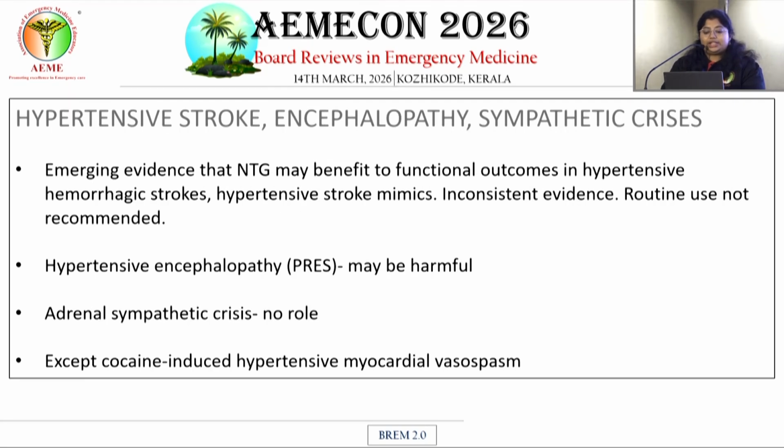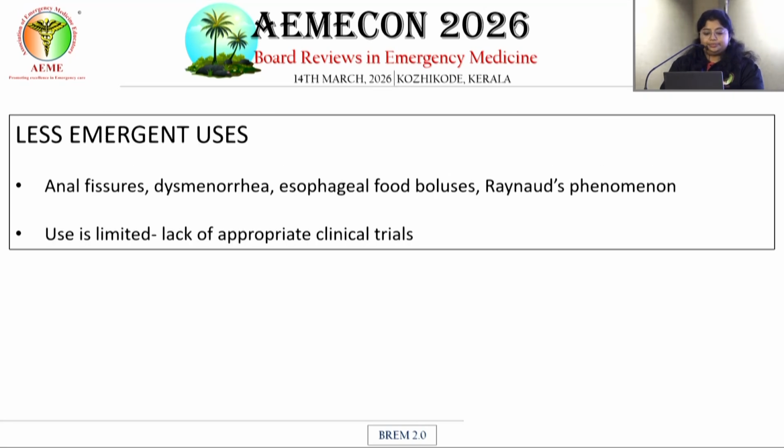So in hypertensive stroke, encephalopathy, and sympathetic crisis, there is some emerging evidence that NTG may benefit functional outcomes in hypertensive hemorrhagic strokes, but this is inconsistent evidence because the general belief is that NTG causes vasodilation and it can worsen the bleed and increase the ICP even more. So the routine use is not recommended. In cocaine-induced hypertensive myocardial vasospasm, NTG can be used.